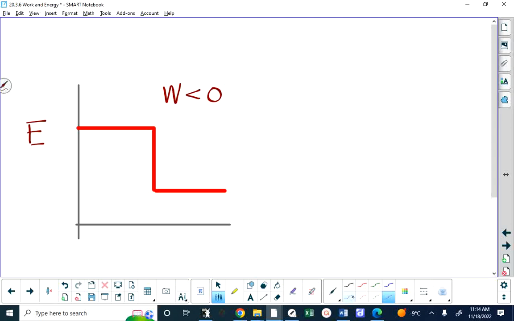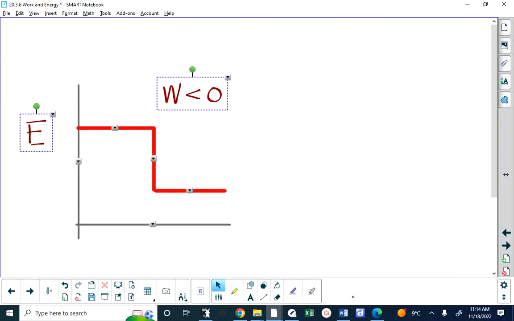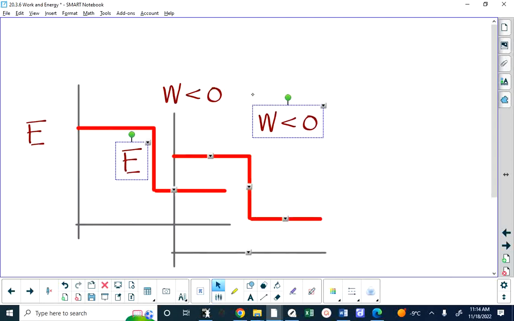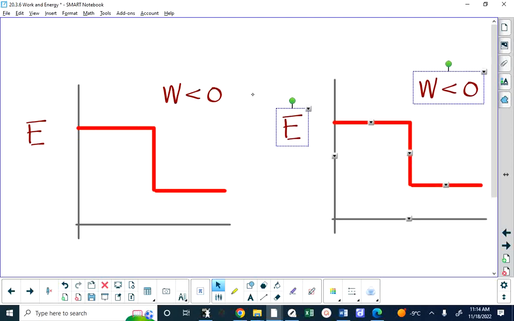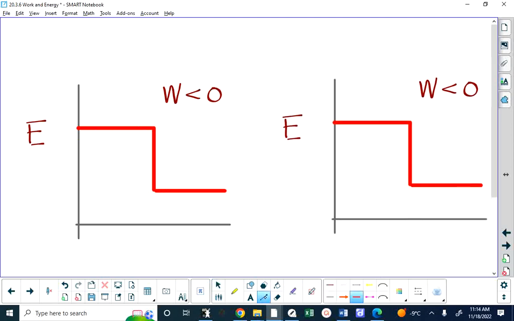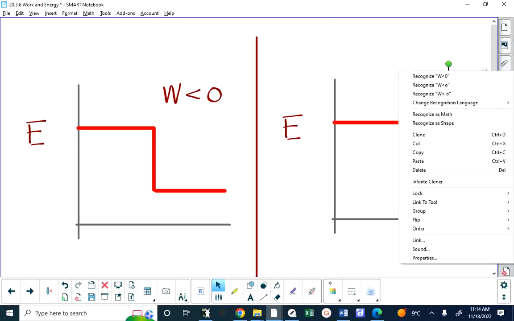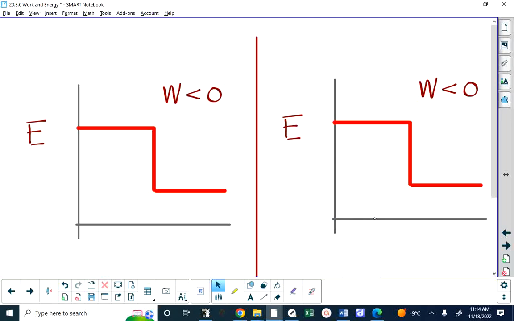And if you had, on the other hand, the following, where the energy goes from some value in the system and it increases, then you've added energy, and that's the definition of a positive amount of work.